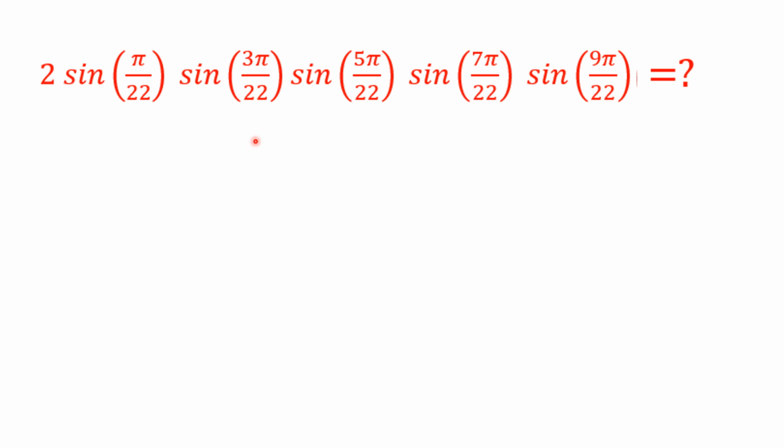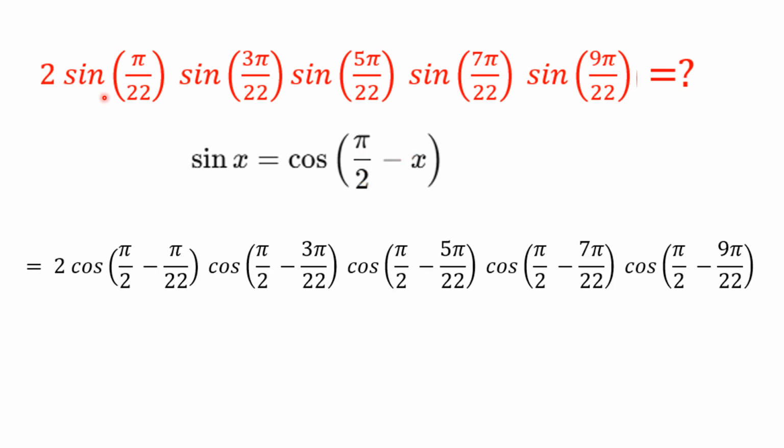Consider the product and let us use the concept sin x is equal to cos of pi by 2 minus x. Then the given expression becomes 2 cos of pi by 2 minus pi by 22, that is sin pi by 22 becomes cos pi by 2 minus pi by 22.